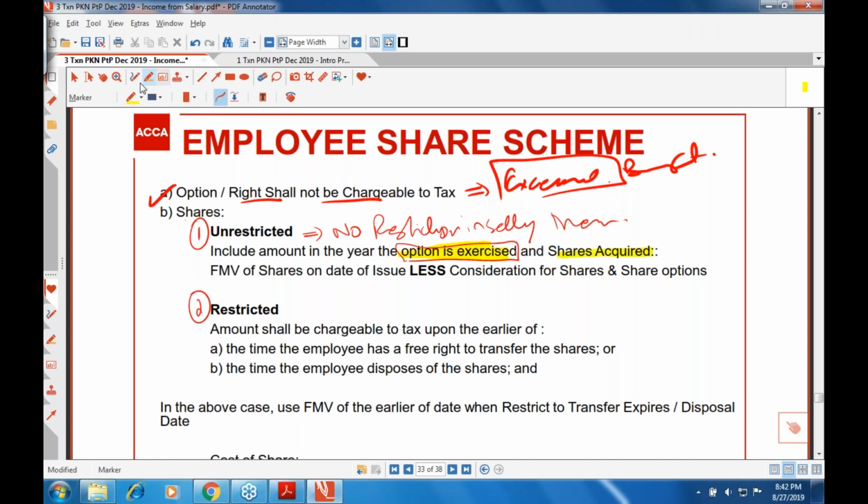The amount to be included is the fair market value of the shares on the date of the issue less the consideration for shares or the share options.